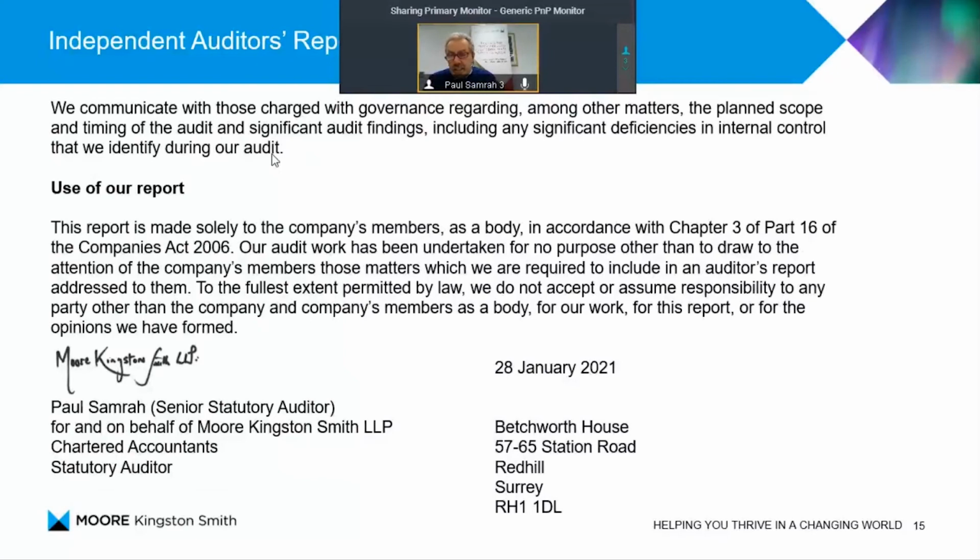It's quite a detailed narrative, as I say, but it reminds us all of the duties and obligations on the auditors, on the directors to be acting in a fiduciary manner, and giving all the necessary information and not withholding anything from the auditors. And the auditors have to be very objective. They have to be very dispassionate.